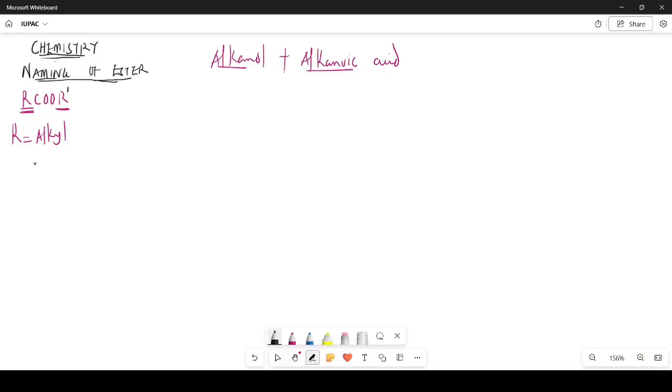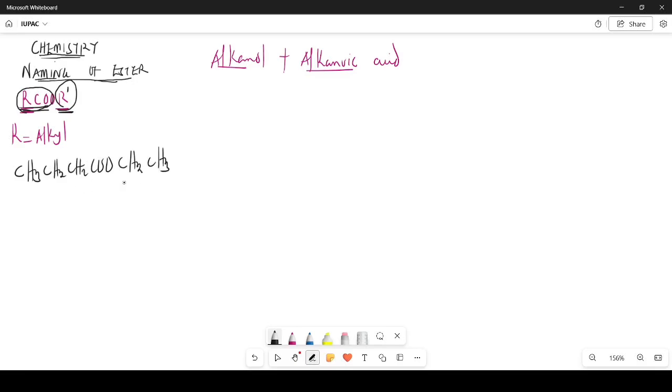Good. So if you want to name, how are you going to name? The first thing is you name this alkyl first, give a space, then you name this one. Do you understand that? You name this R prime first, then you give this other one. For example, suppose you are given a compound like CH3CH2CH2COO, then you have probably CH2 and then CH3.